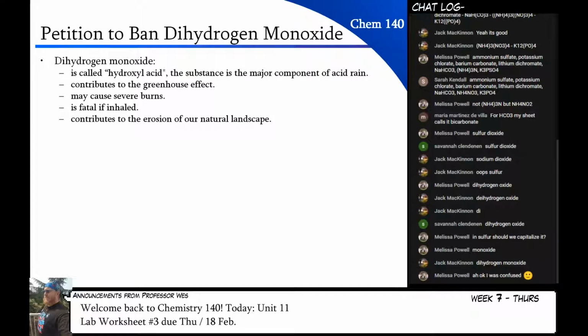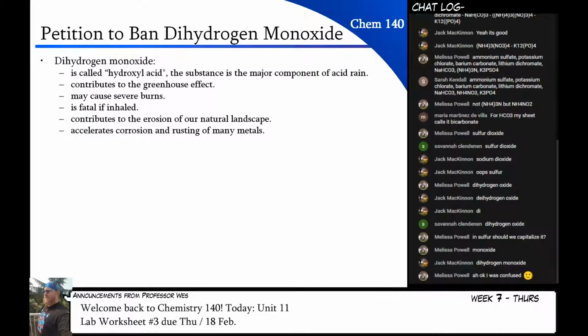It also contributes to erosion of things like the Grand Canyon, rock formations, mountains will slowly erode away. Everything we know and love about nature eventually will just be destroyed by dihydrogen monoxide.